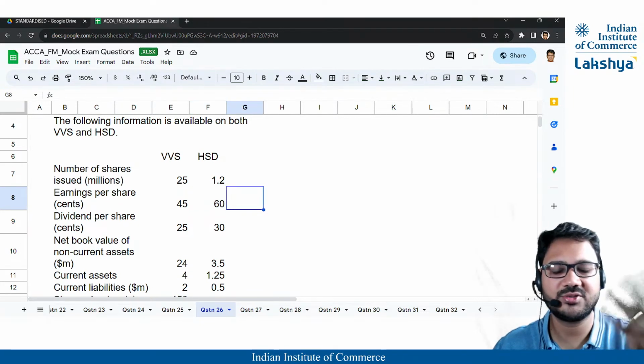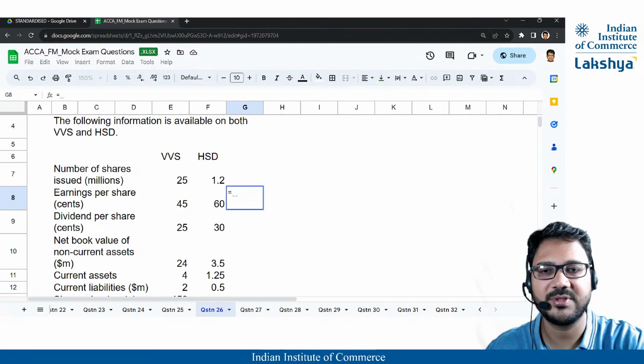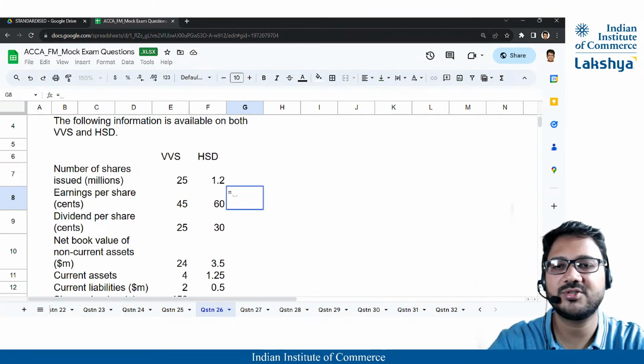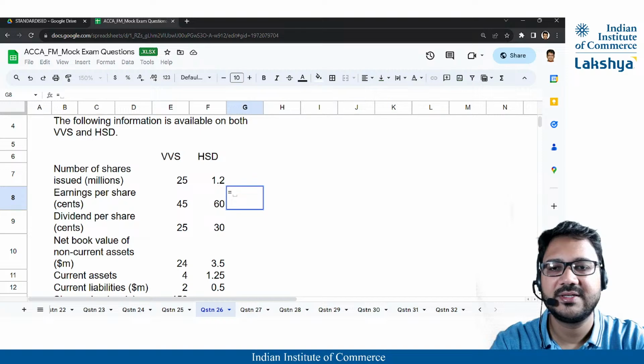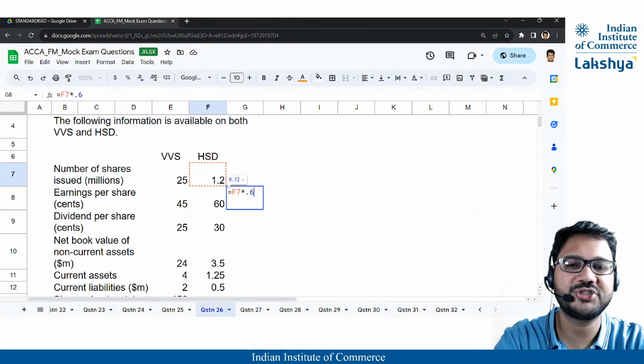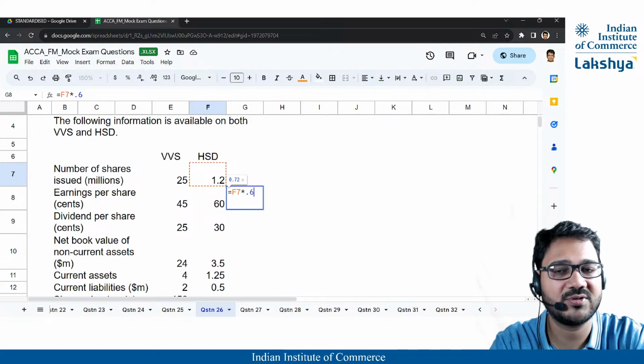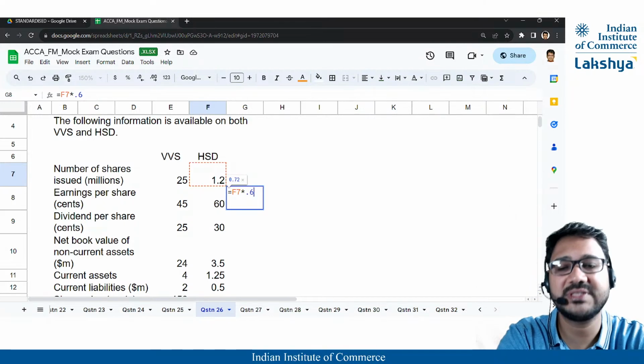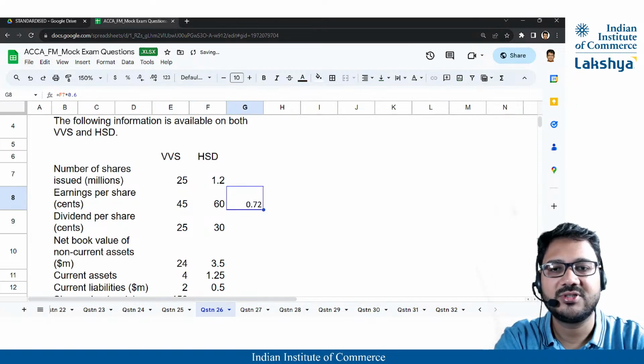So my profit will be 1.2 million shares times 0.60, 60 cents. Do not multiply by 60, it will be 0.60.